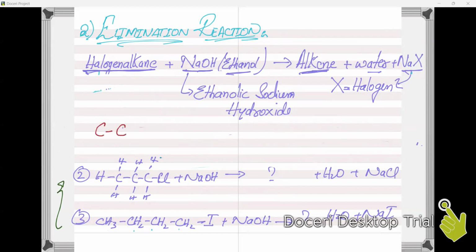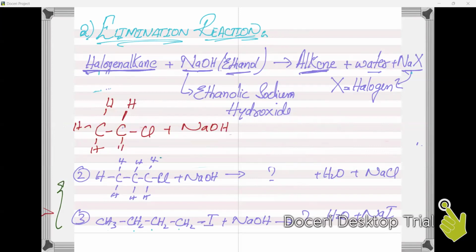Chloroethane means that there are two carbons, and with one carbon, one chloro, ethane. So the halogen is attached on the first carbon. It will be reacting with NaOH, which is sodium hydroxide.